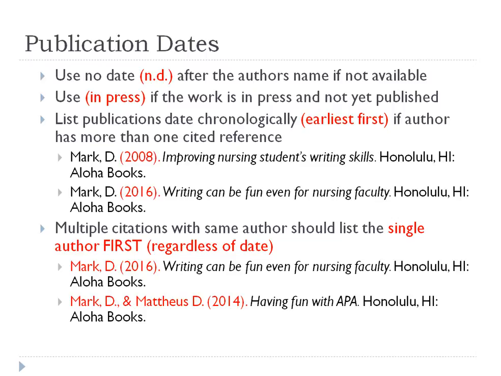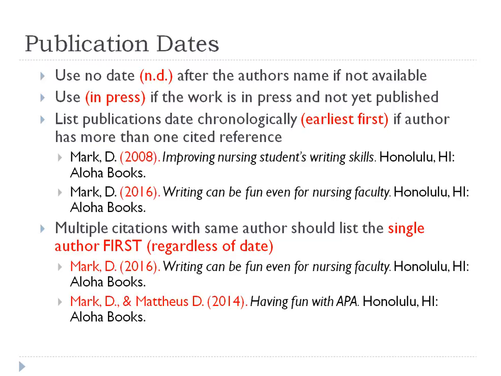Now, if you have the author that has more than one cited reference, for example, we have Mark D in 2008, and we also have an article Mark D in 2016, you're going to list the earliest first. However, if you have multiple citations with the same author, you're going to list the single author first, regardless of the date.